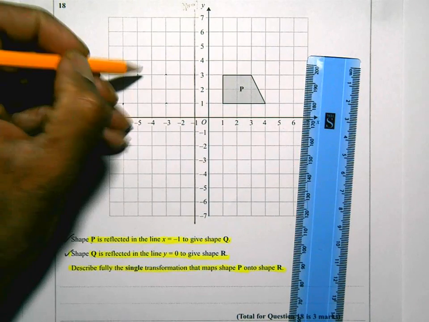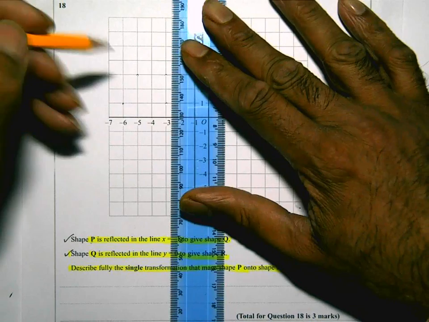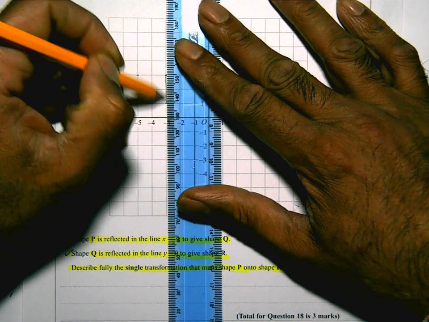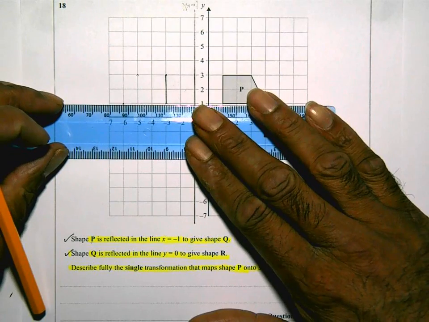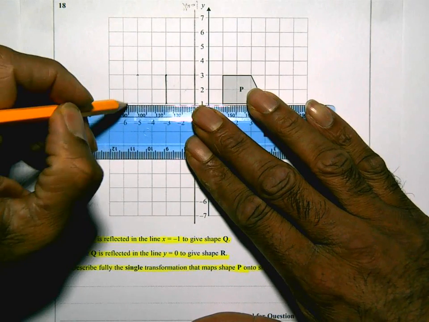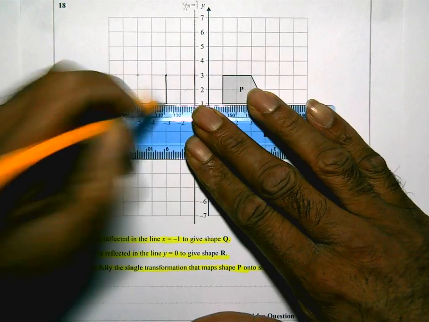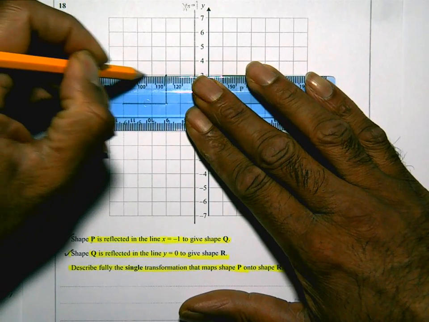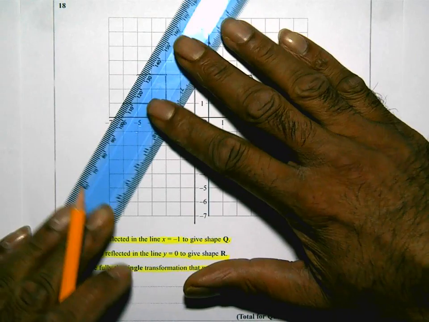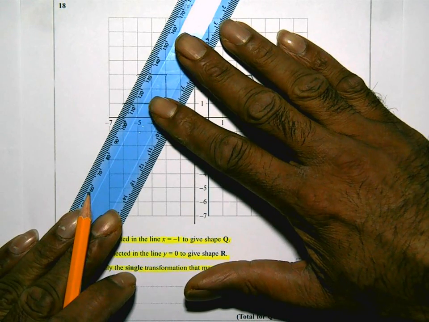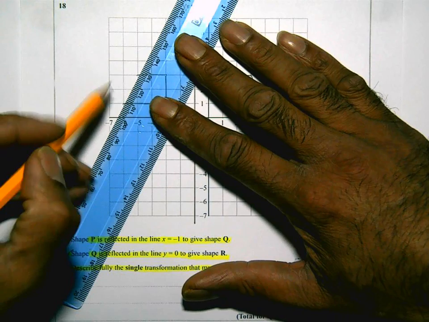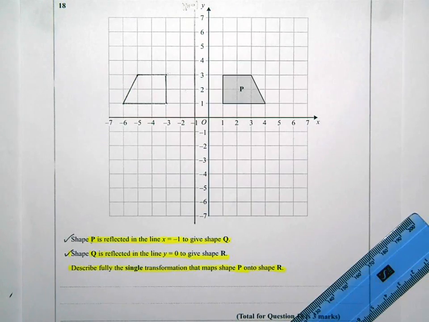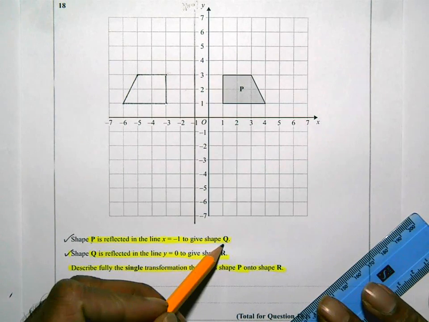So put little dots for the points, and so quickly reflect this. Okay, so that there is going to be shape Q.